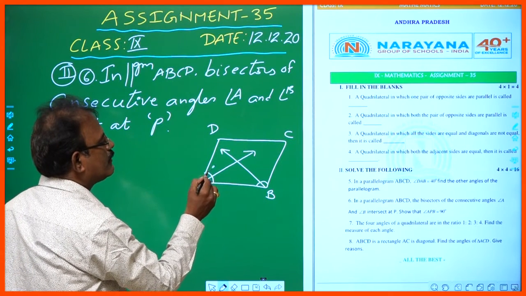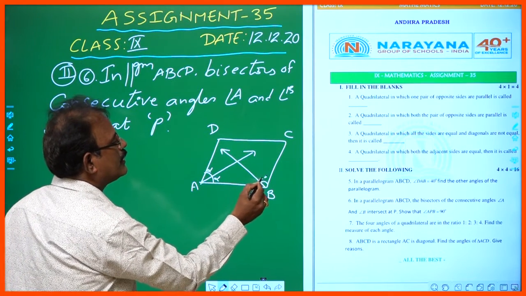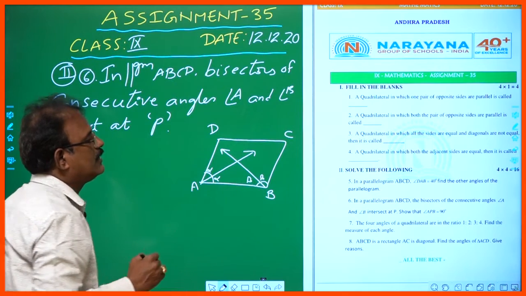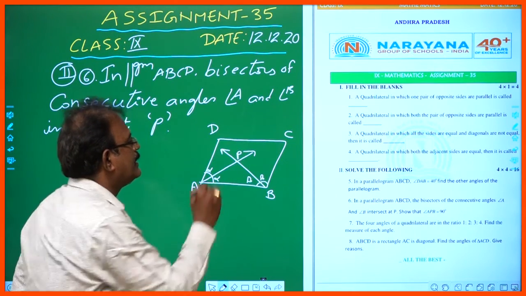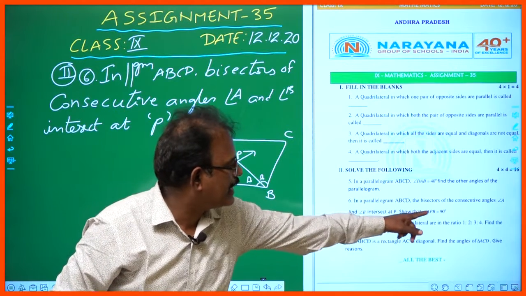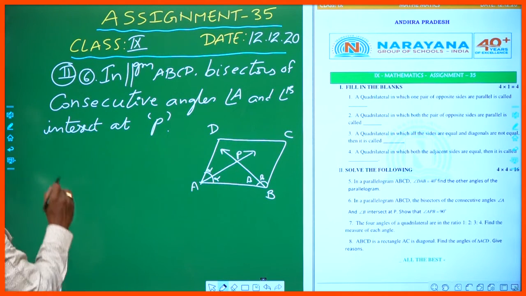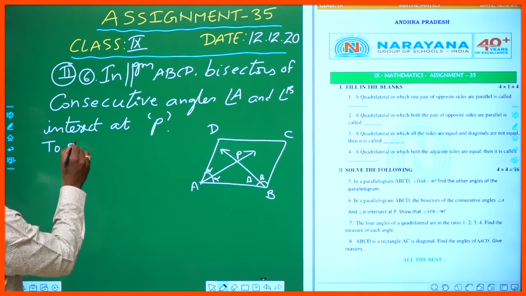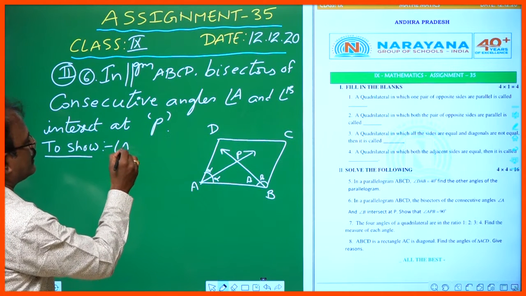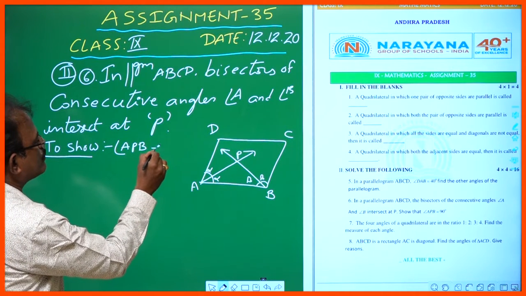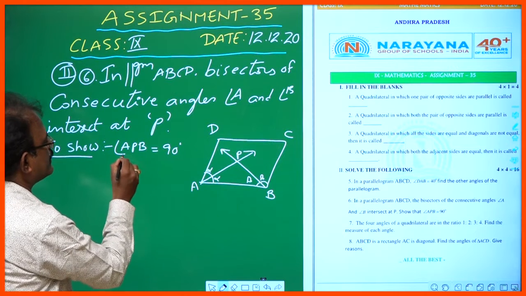So here, say, alpha, alpha, and here beta, beta. Now, both are intersecting at P. They asked us to show that angle APB is equal to 90 degrees.